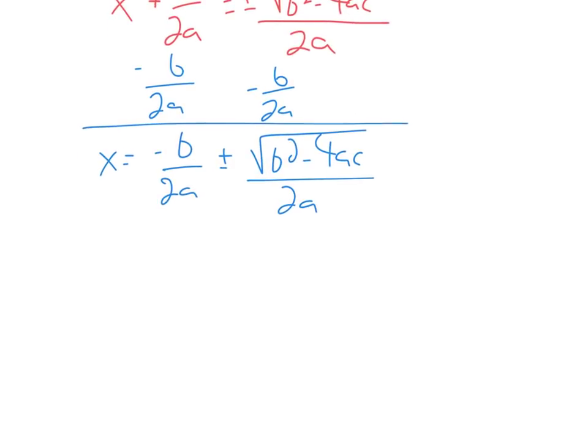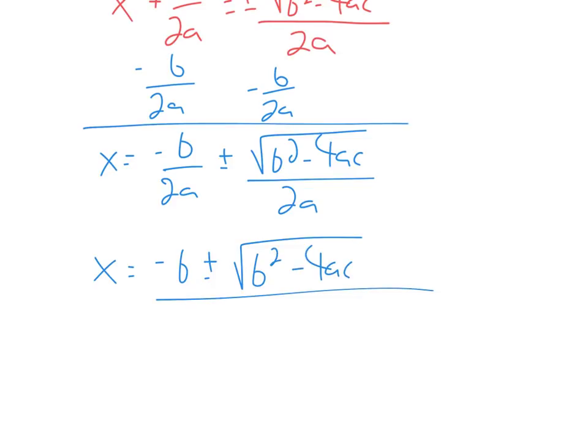And then we have a common denominator, so we're going to combine those. And you get negative b plus or minus the square root of b squared minus 4ac all over 2a. And that there is your quadratic formula.